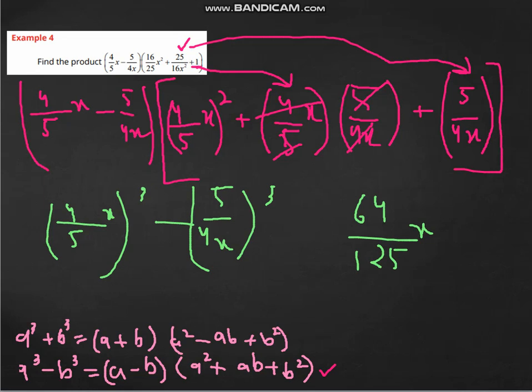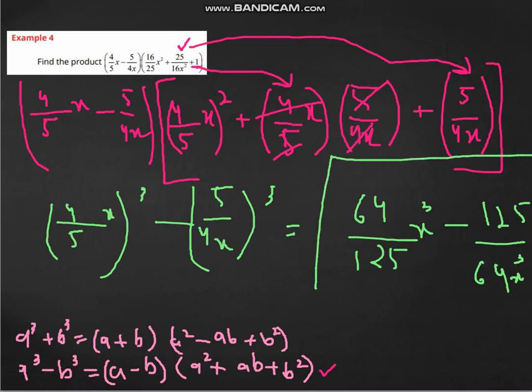So 125 upon 64 x cubed. I forgot to write the cube here. This is the answer to the question.